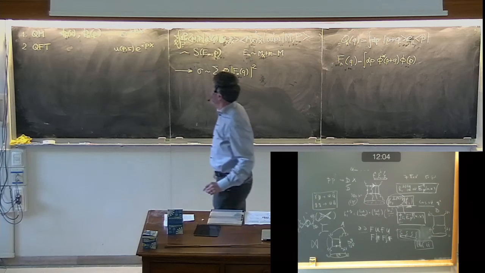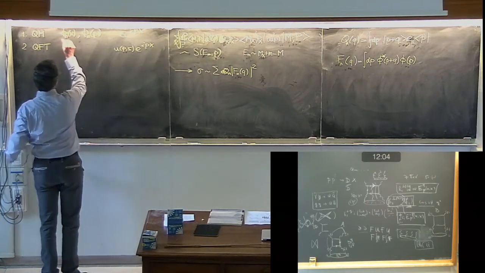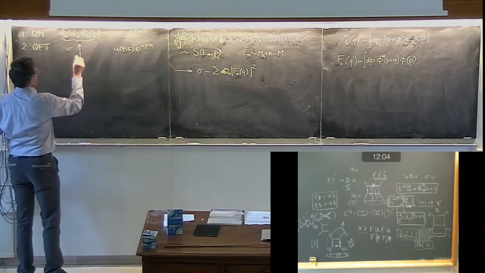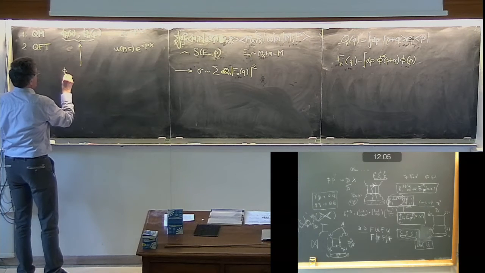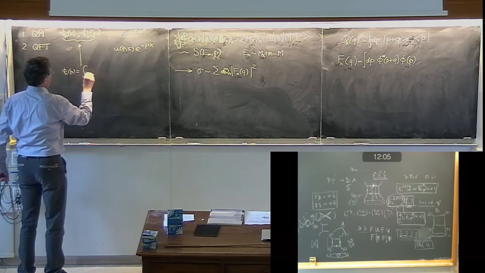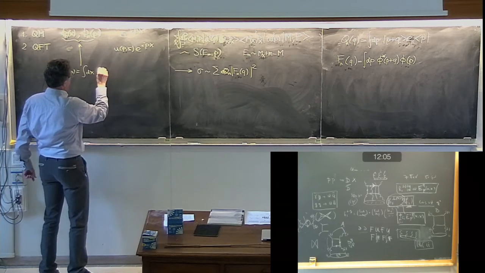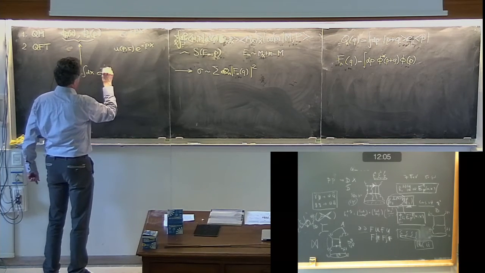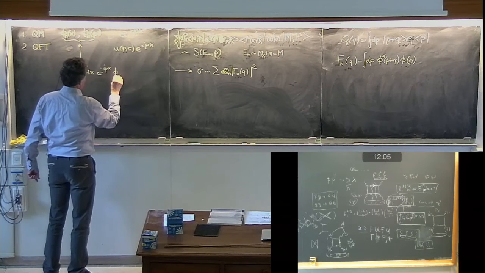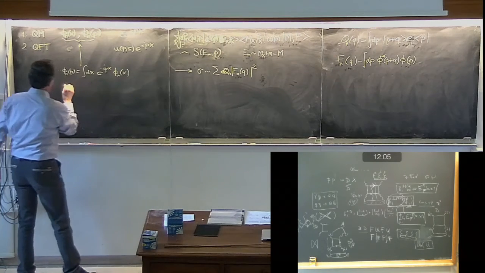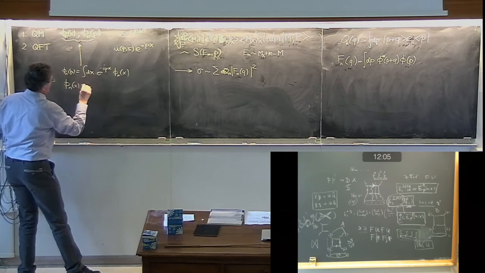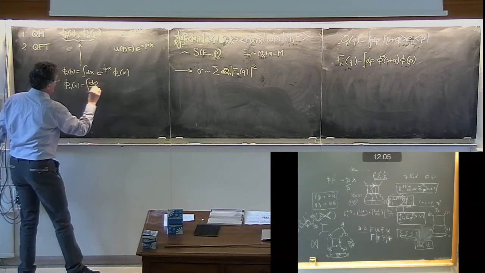Now, of course, we know that these wave functions are simply related. phi_n(p) is nothing else than the integral dx of e to the minus ipx or plus ipx of phi_n(x), and the phi_n(x) is of course nothing else than the integral dp over 2 pi.